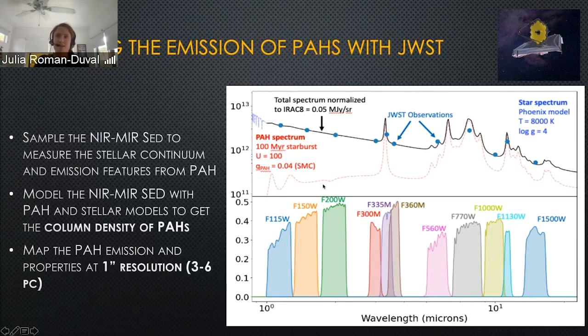And that's included in this model here. So we will be taking images in those filters, and then we will be modeling the brightness of the galaxies in each of those filters with PAH and stellar models to constrain the actual column density of those molecules, the mass of those molecules in each of those images.